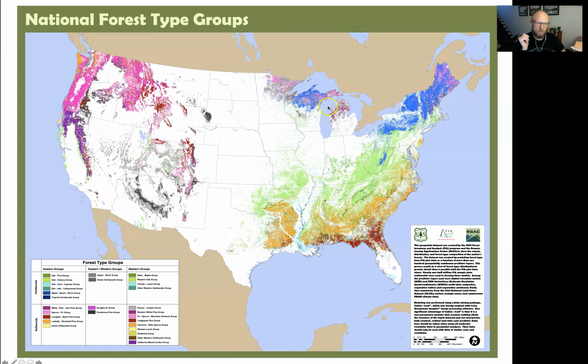Okay, so before we dive in, just one more big picture topic to talk about. If you look at these two climate diagrams, you can see really distinct differences, especially in precipitation. The one on the left is from the Cascade Mountain Range in Washington, and the one on the right is from the northern part of the Appalachians in Pennsylvania.